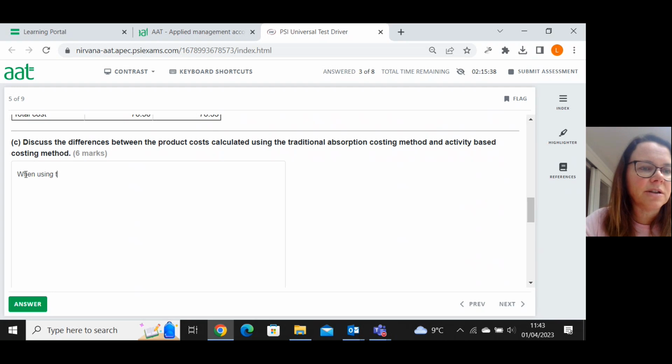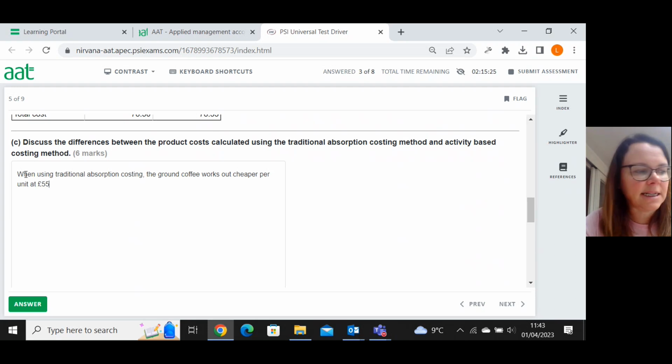So I've said when using traditional absorption costing, the ground coffee works out cheaper per unit at £66 compared to £95 for the coffee beans. So important that you are applying your answer to the scenario.